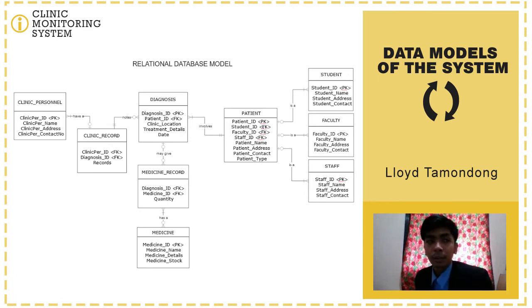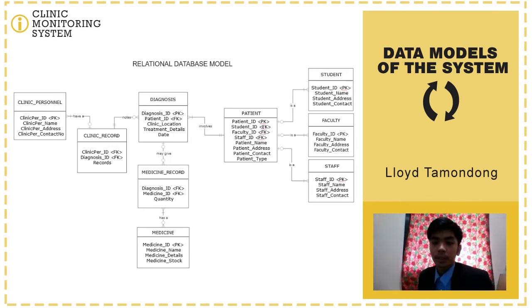Here, we talk about the enhanced entity relationship diagram. Here in the relational database model, it is already converted into a relational model. The patient is composed of patient name, address, contact, and patient type. The clinic personnel write the patient details: their name, address, and contact number.